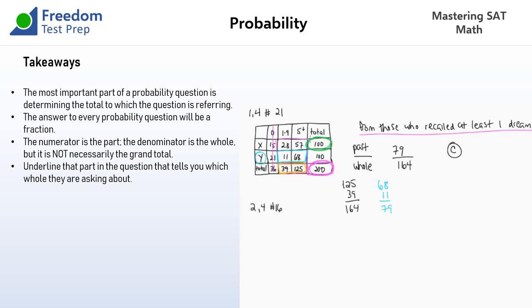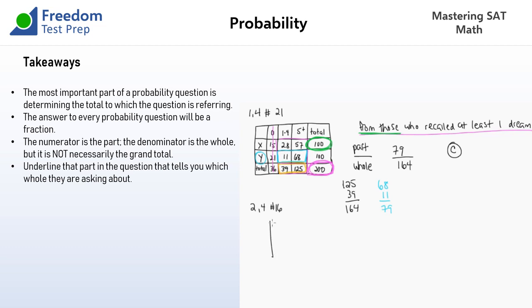So the main thing is that you really look at the question and underline the total of the people that they're asking for, right? From those is kind of a classic. Or out of all those people, right, out of, from those. Those are key phrases.